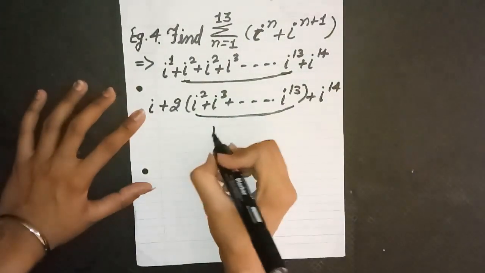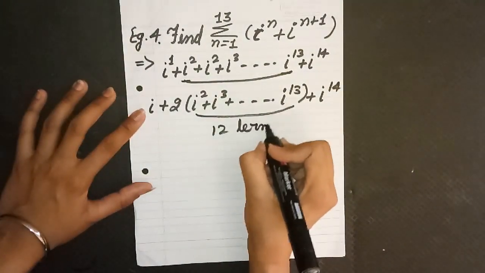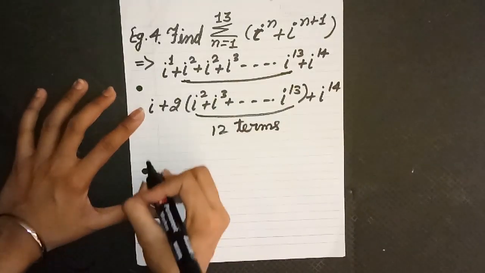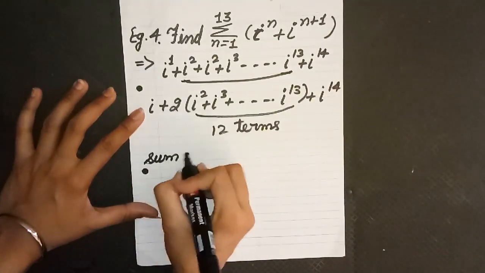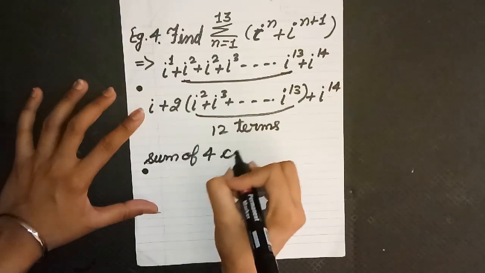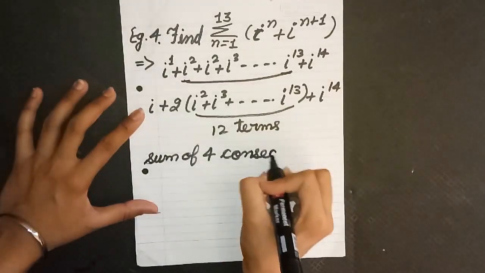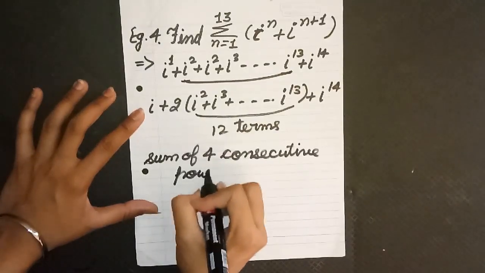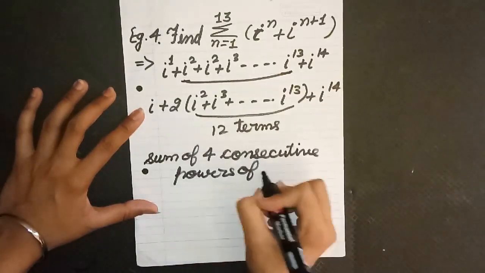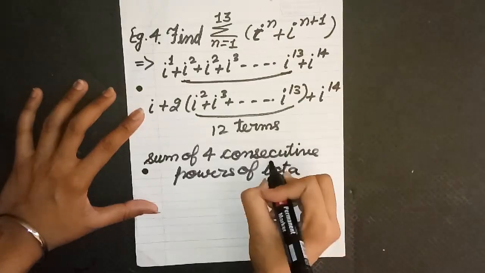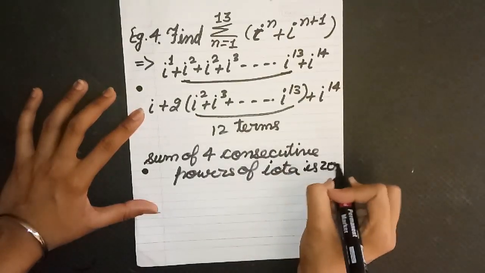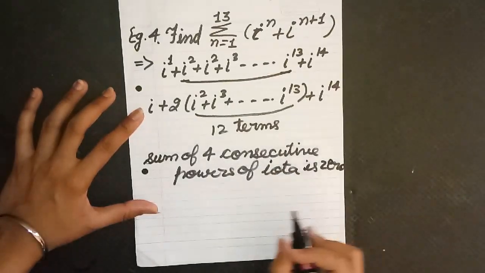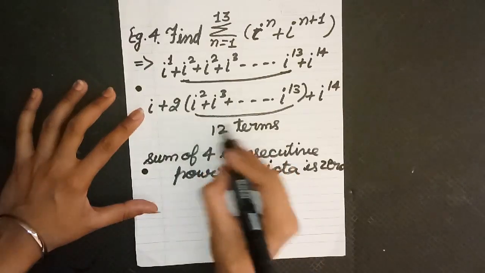Now we know these are 12 terms from 2 to 13. Now the sum of 4 consecutive powers of iota is always 0, right? So in these 12 terms, we will make parts of 4, 4, right? 4 plus 4 plus 4 terms, that will be 0.